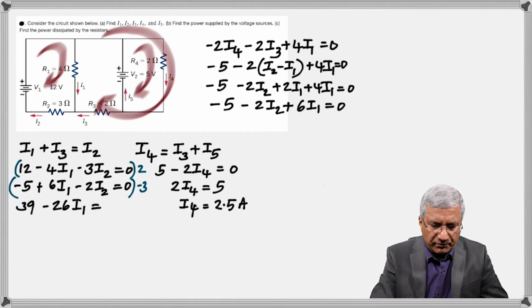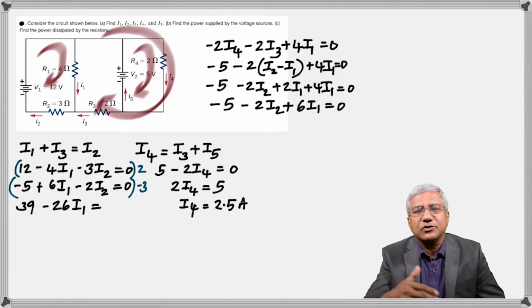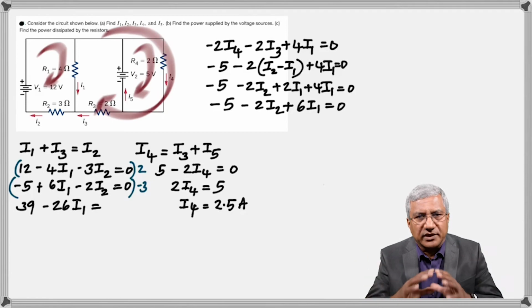The idea is that -3 times 2 becomes -6I2, and here when you multiply you get positive 6I2. So on top you get -6I2, bottom you get positive 6I2, and when you add them, they cancel out. So you get rid of I2, and you're going to get the value of I1.